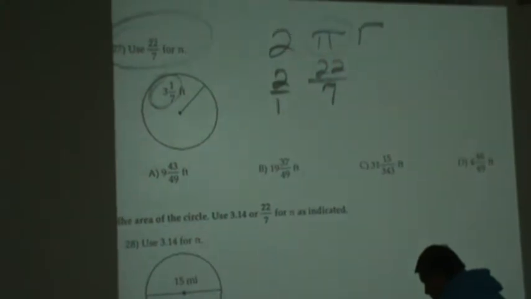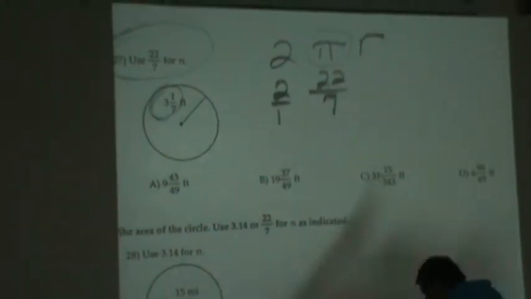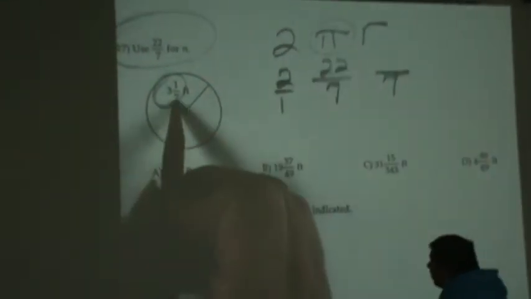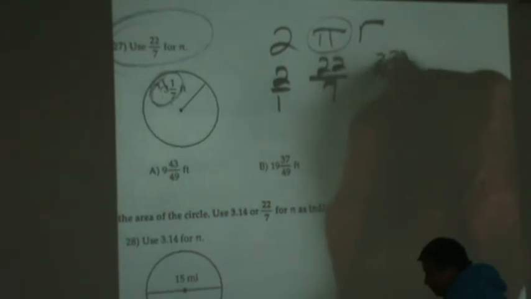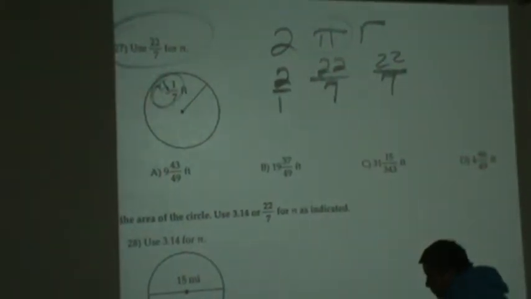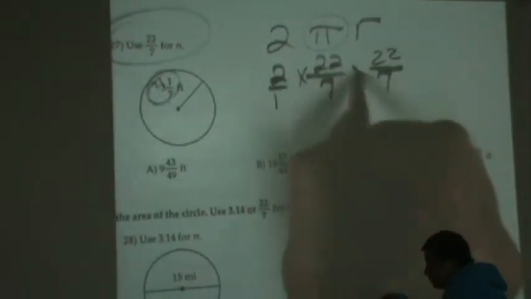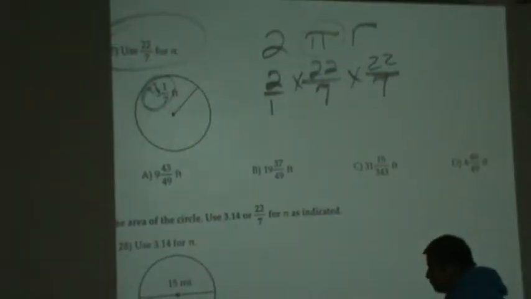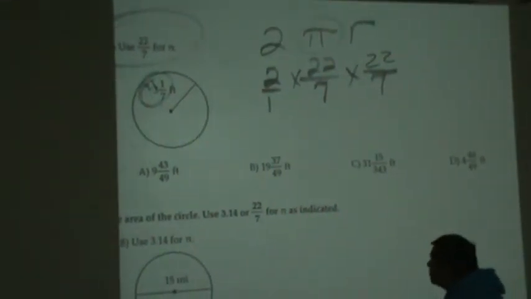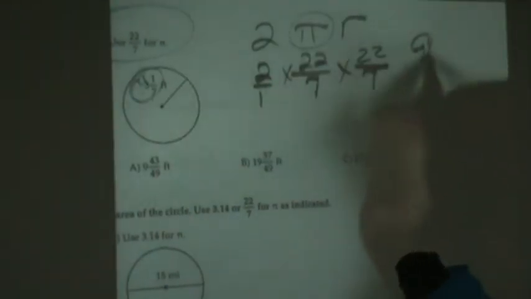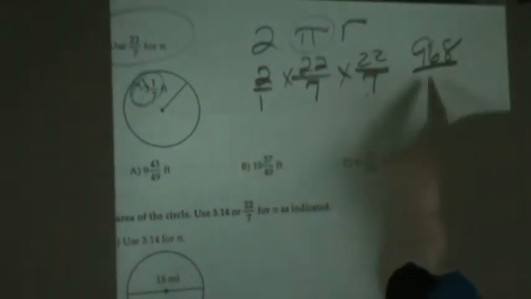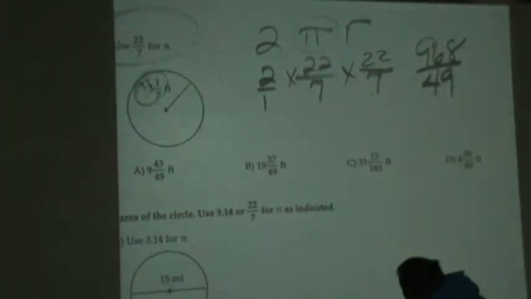The radius, we need to turn that into an improper fraction. 7 times 3 is 21, plus 2 is 23. Is there anything we can cancel here? No. So we got 22 times 23 times 2 is 968. 7 times 7 is 49.